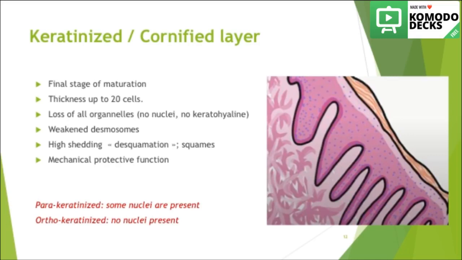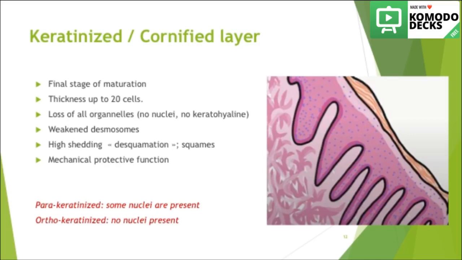Fourth and outermost layer is the keratinized or the cornified layer. It's the final stage of maturation, with a thickness of up to 20 cells. Here we lost all the organelles. We don't see nuclei, we don't see keratohyalin, lipids or granules.